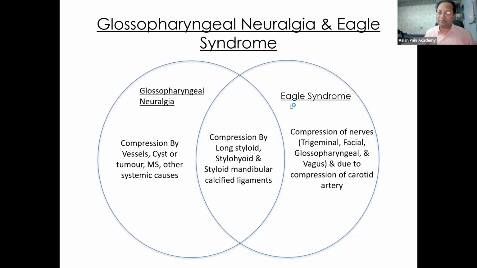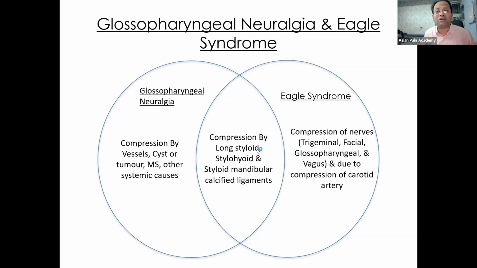It's okay that it is affecting only the glossopharyngeal nerve, but it is a part of Eagle syndrome because the stylohyoid and stylomandibular ligament is the main compressing structure.